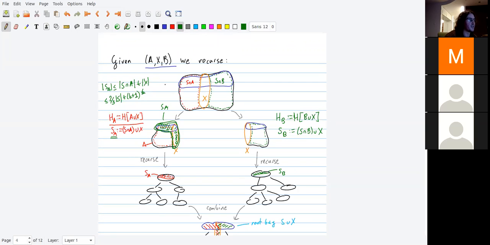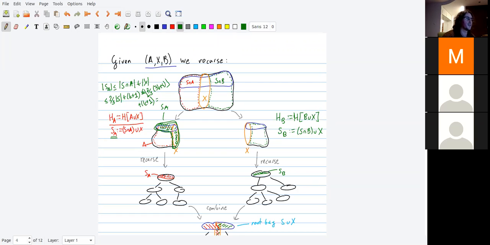And the size of S was 3k plus 4, plus k plus 1. This must be integral, so I can put a floor here.